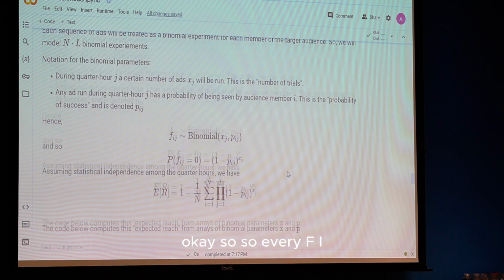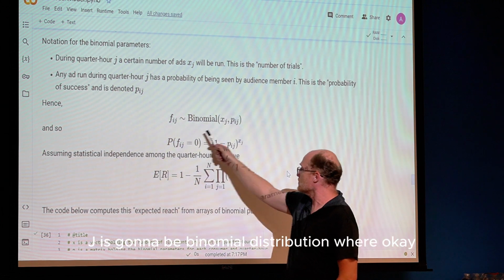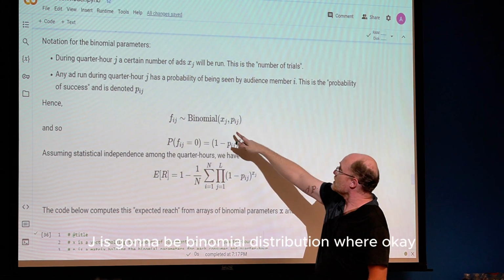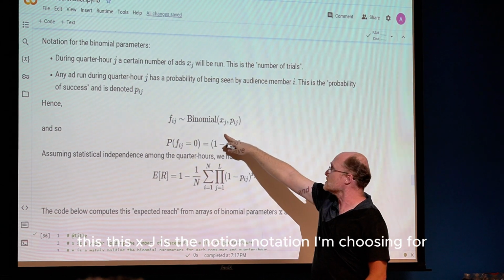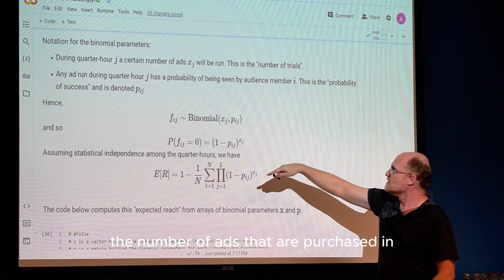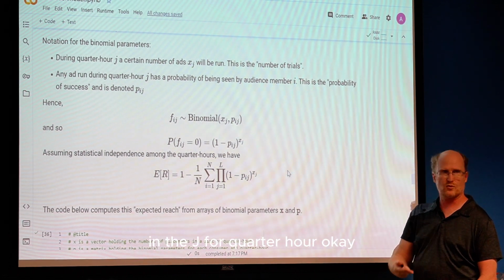So every Fij is going to be binomial distribution, where this notation xj is the notation I'm choosing for the number of ads that are purchased in the jth quarter hour.